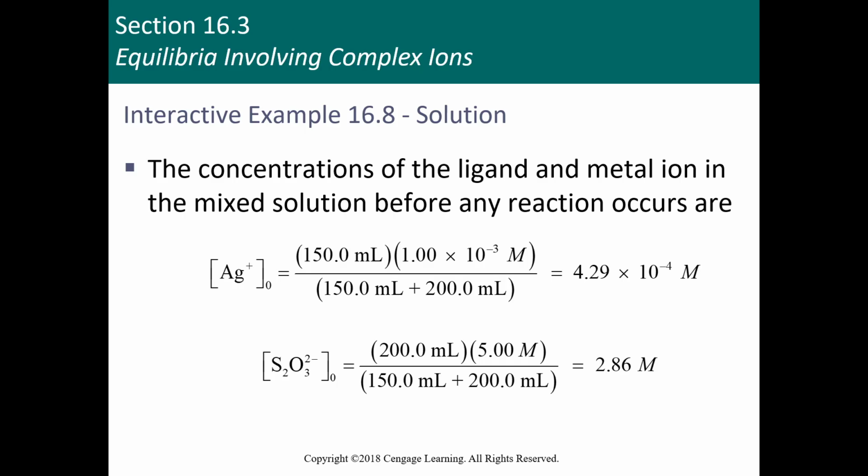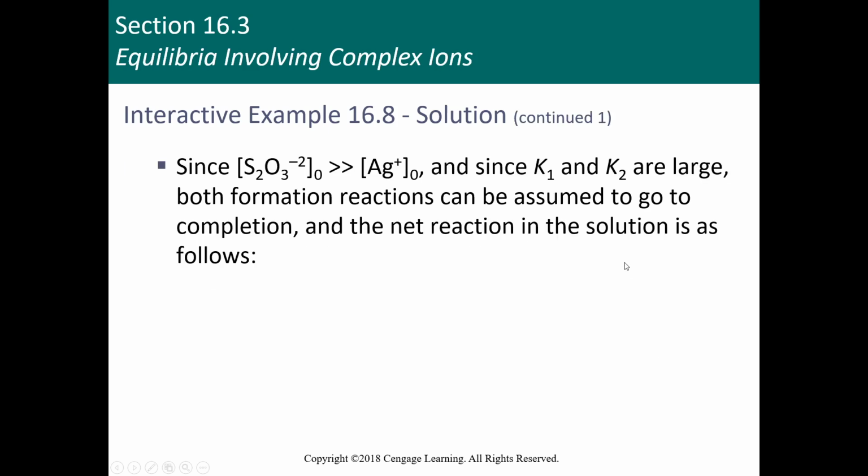Notice that, like we mentioned in the earlier statements, the metal ion concentration is typically much smaller than the ligand. The ligand typically needs to be a much larger volume and much larger concentration than your metal ion for significant binding to occur. So our ligand is a much larger concentration than our silver, right?